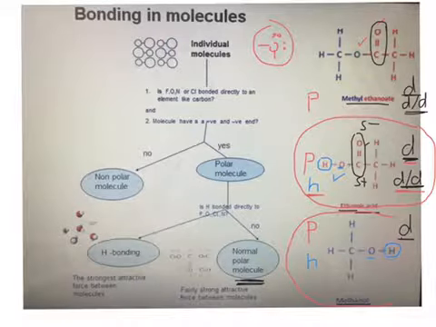Here our example being methanol, because here we have two types of bonding present.